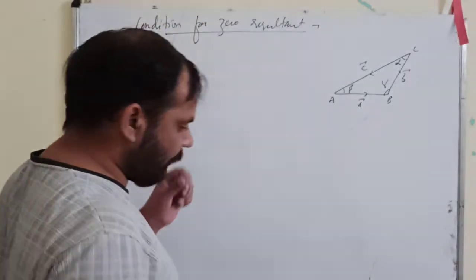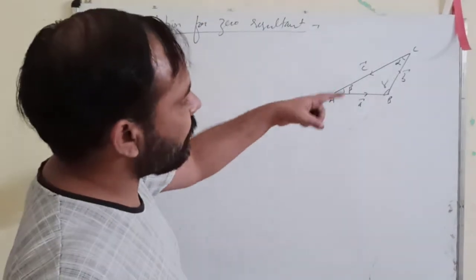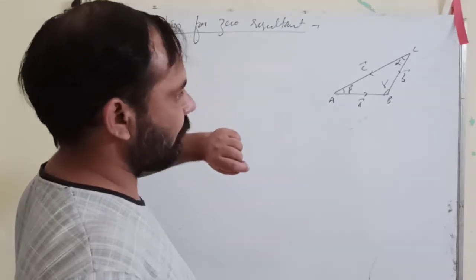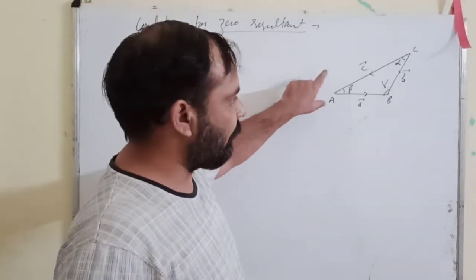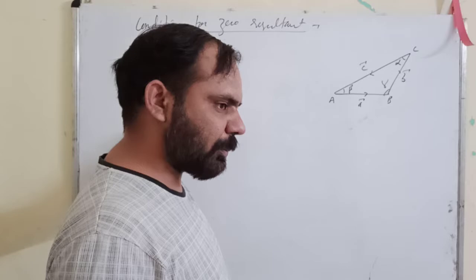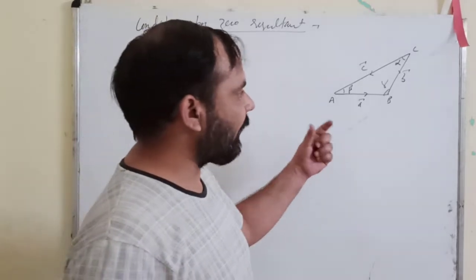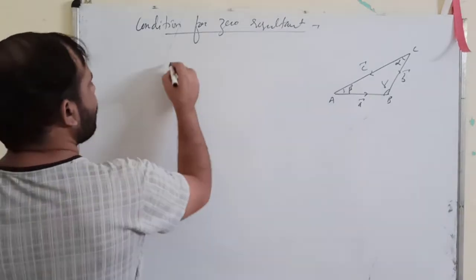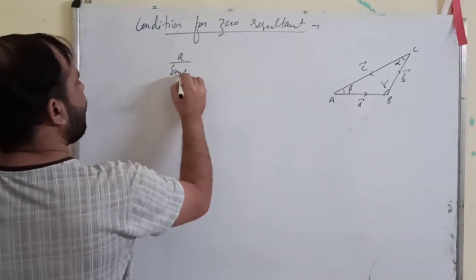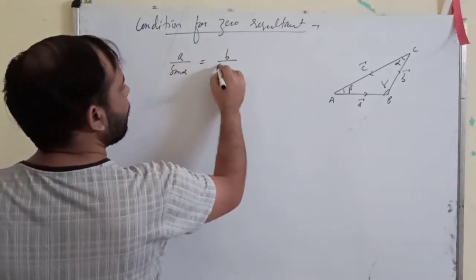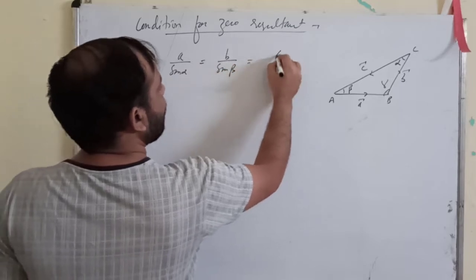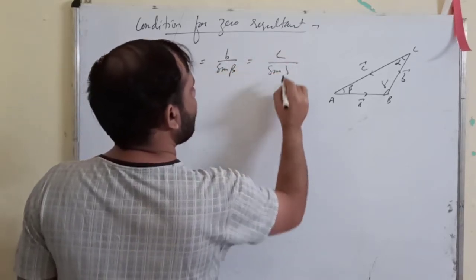Then the condition for zero resultant: before this topic, we obtained a condition that A upon sine alpha is equal to B upon sine beta is equal to C upon sine gamma.